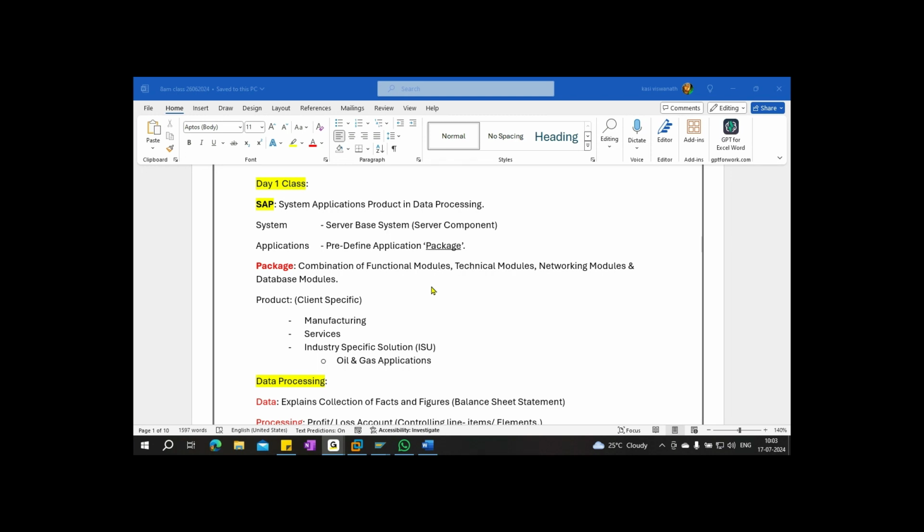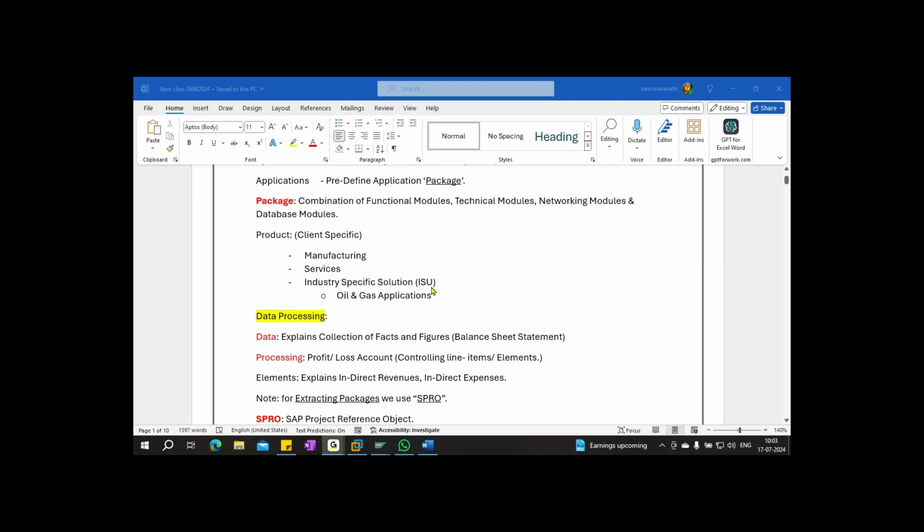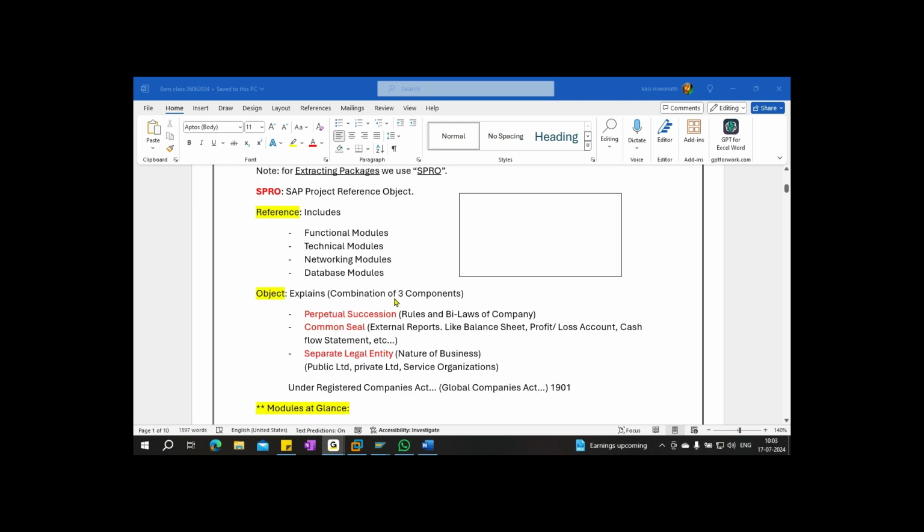SAP, project, reference, object. Right? What's that? SAP project reference object.